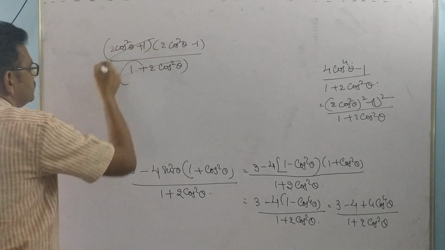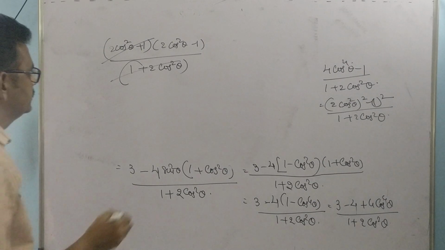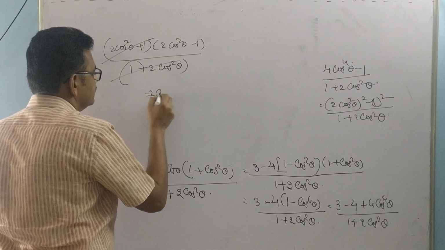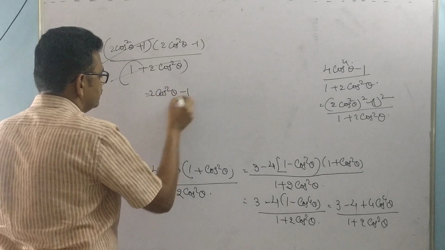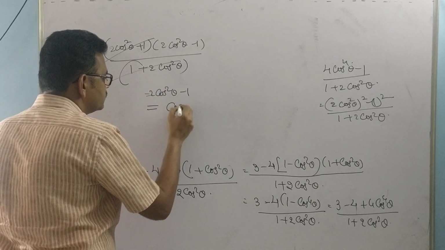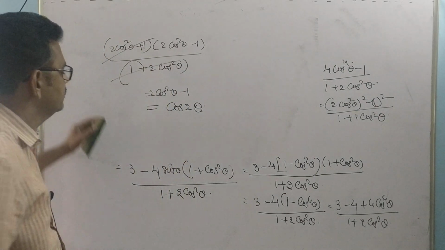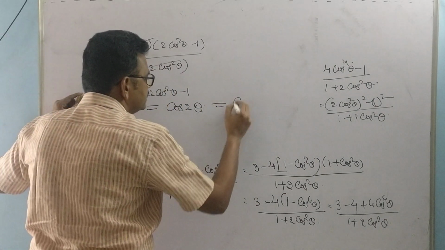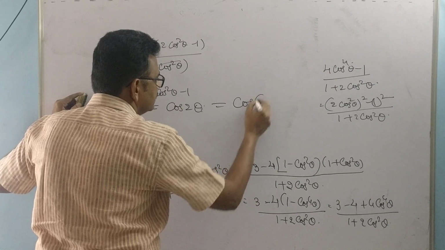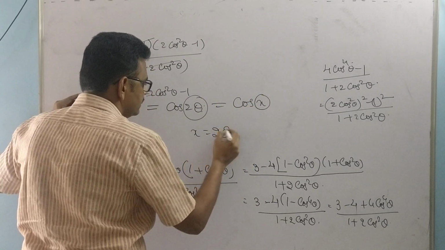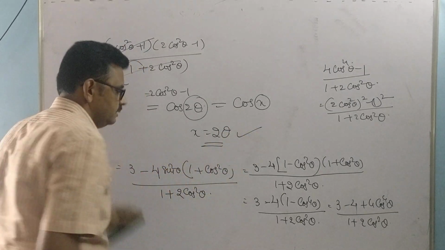So these two get cancelled, which is equal to 2 cos square theta minus 1. That is the cos 2 theta formula. What is the given question? The whole thing is equal to cos x. Therefore x is equal to 2 theta. 2 theta is the answer.